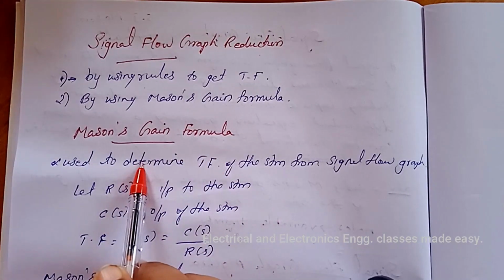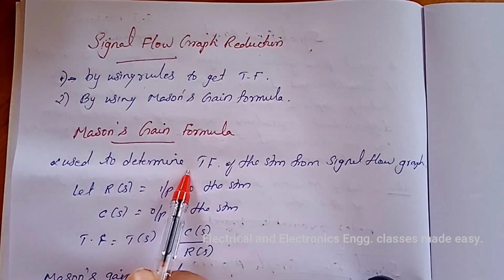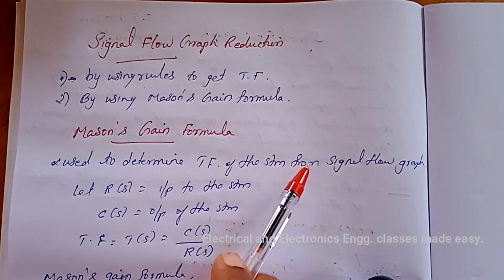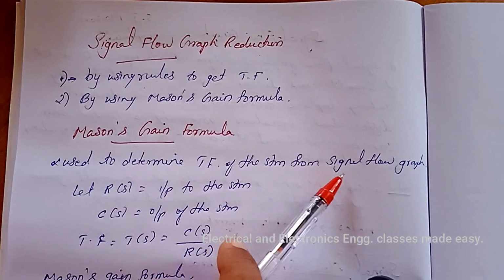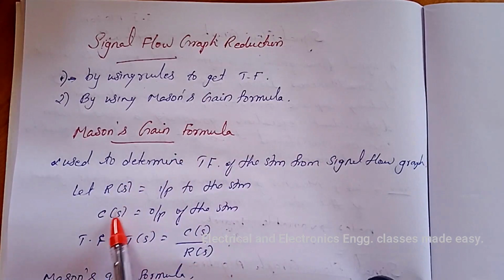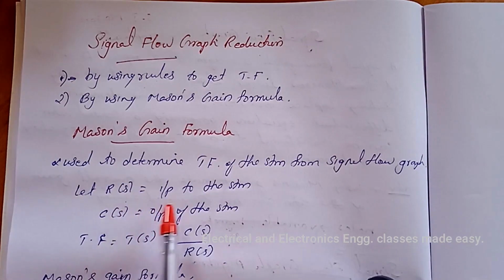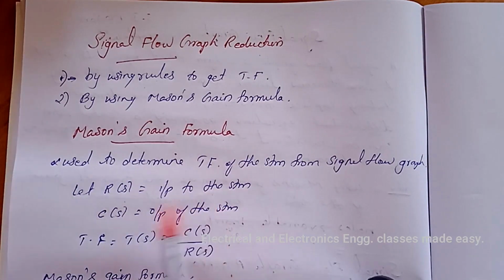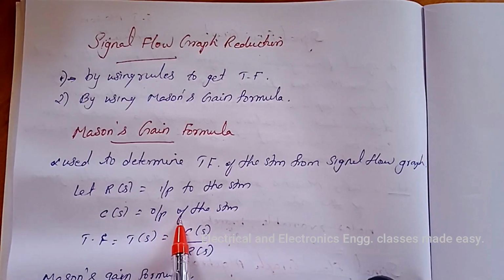So this Mason's gain formula is used to determine the transfer function of the system from the signal flow graph of the system. Let R(S) equal to the input to the system, then C(S) equal to the output of the system.